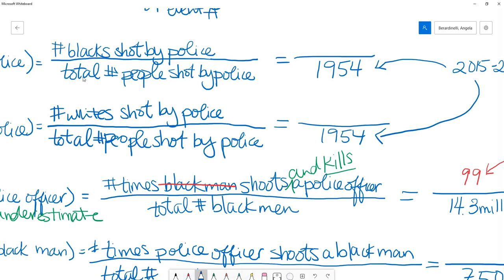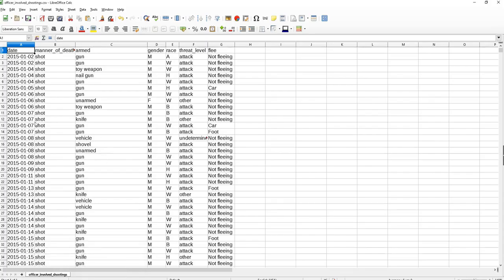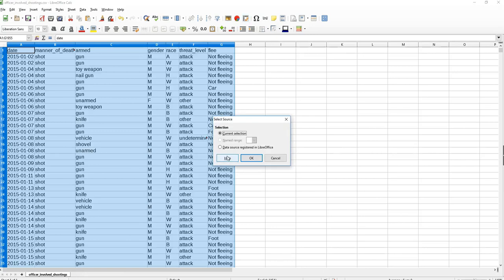The other information we want to know is the total number of blacks and whites shot by police. So that's going to require a pivot table, which would be the easiest way to do that.